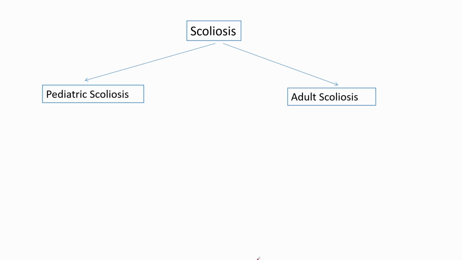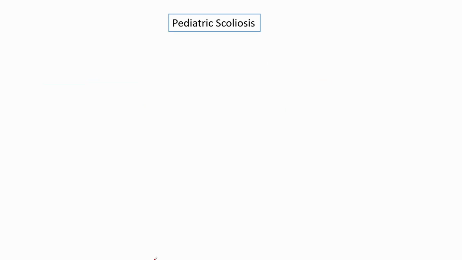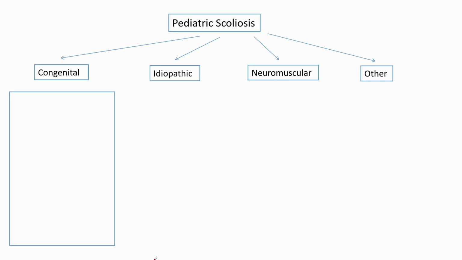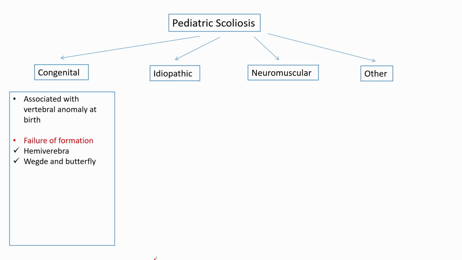Now scoliosis can be present in the pediatric population, known as pediatric scoliosis, or in the adult population, known as adult scoliosis. Pediatric scoliosis is classified into congenital scoliosis, idiopathic scoliosis, neuromuscular scoliosis, and other types. In congenital scoliosis, there is a vertebral anomaly present at birth, and it is further subdivided into failure of formation, failure of segmentation, and a mixed type.